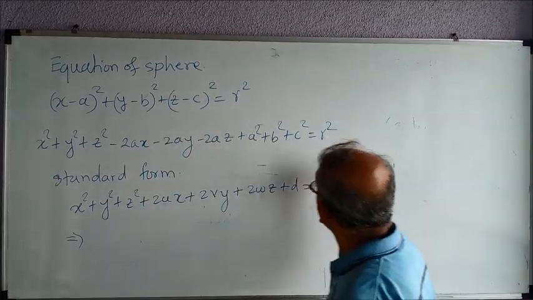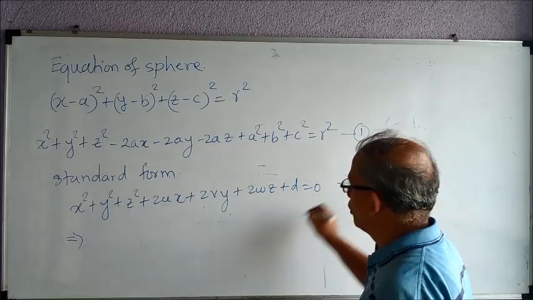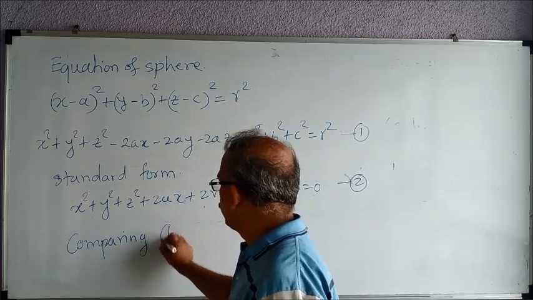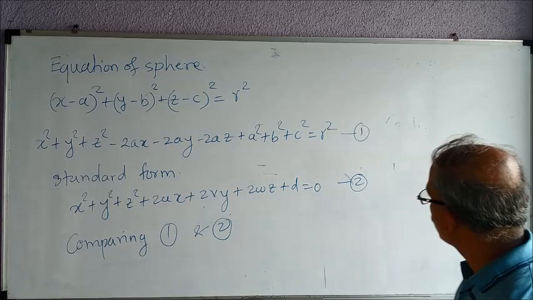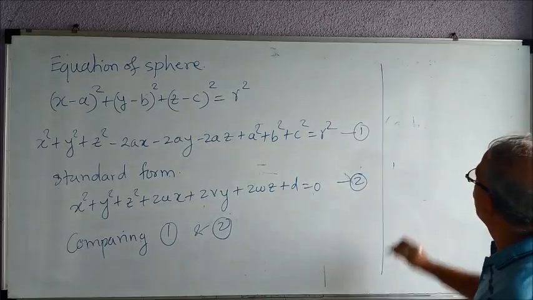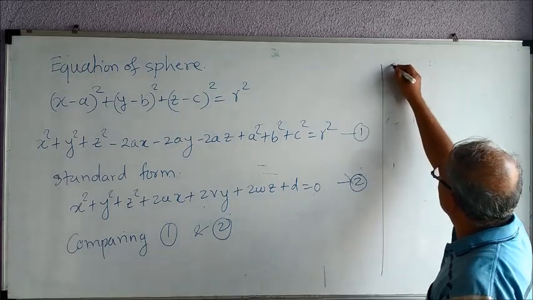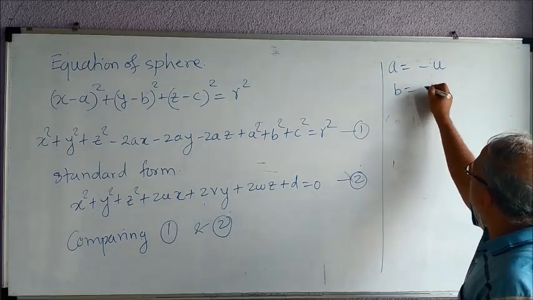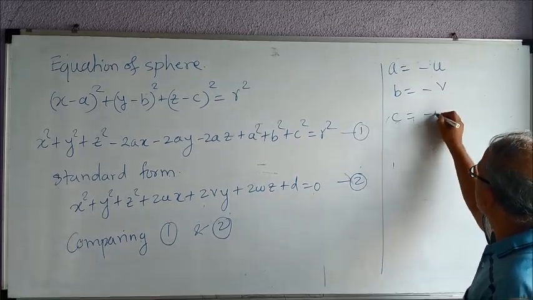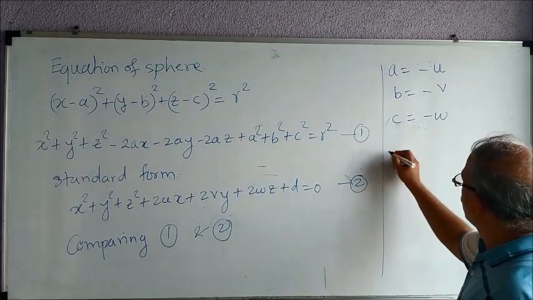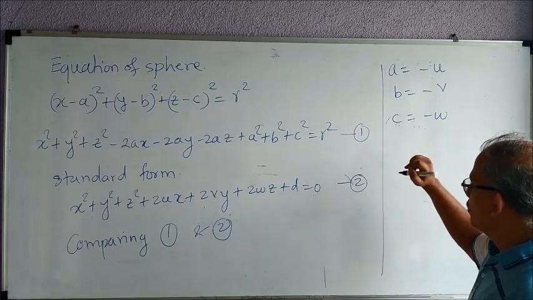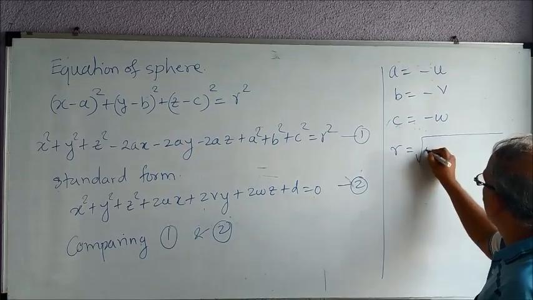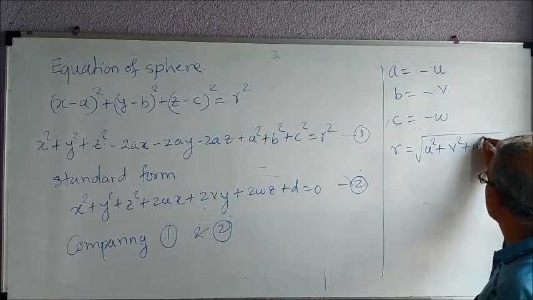Comparing 1 and 2, we get a is equal to minus u, b is equal to minus v, c is equal to minus w, and r is equal to the square root of u square plus v square plus w square minus d.